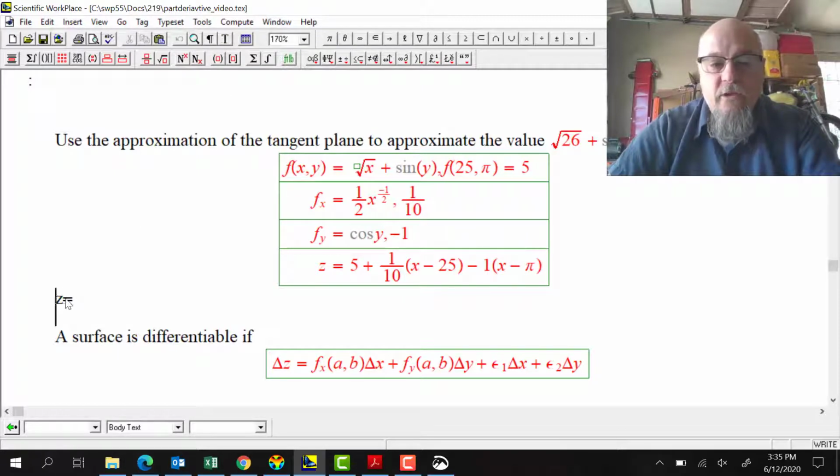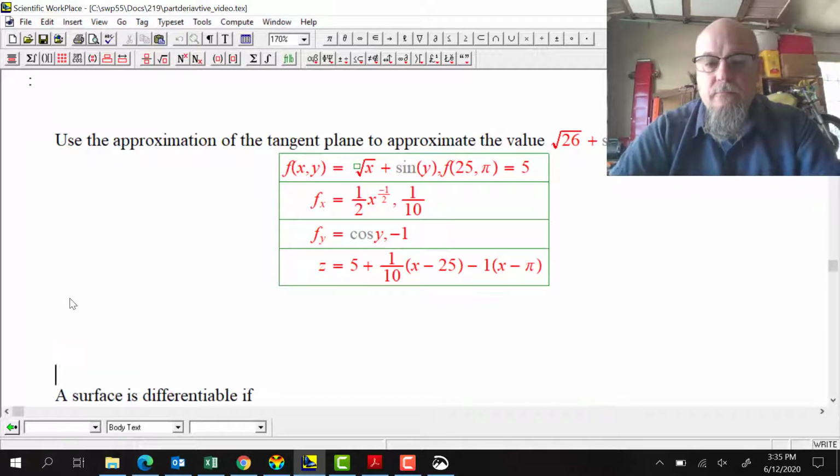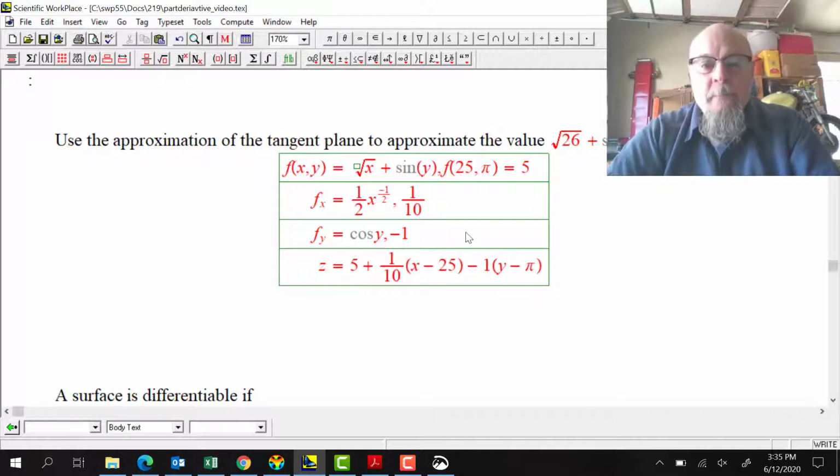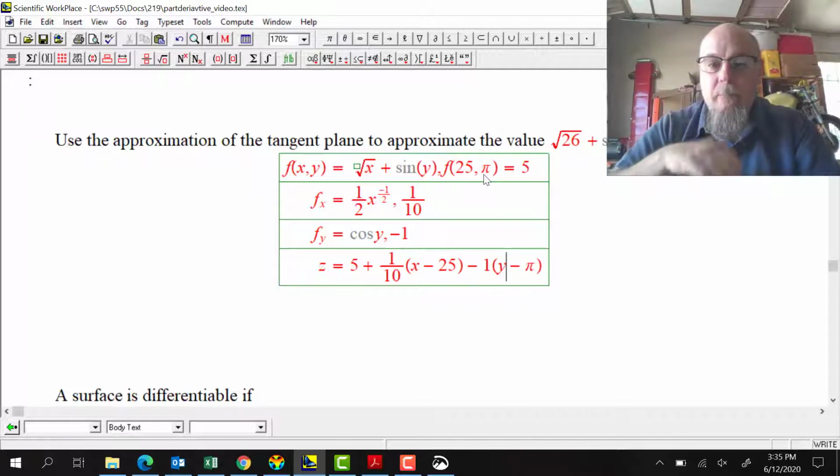So there's the equation of my tangent plane. It goes exactly through the point 25, pi, 5. And at places close to 25, pi, the z will be close to the f of x, y.